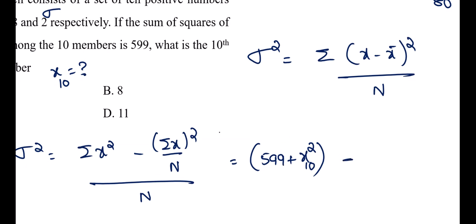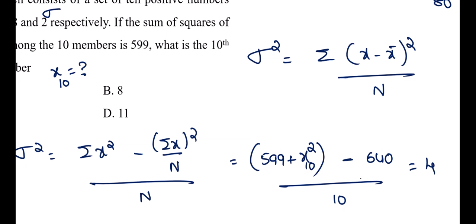Minus sum of x whole square, 80 square is 6400 divided by 10, 640, whole divided by 10 is nothing but the variance. Variance is 4. Standard deviation is 2. Variance is 4. This is regarding variance.